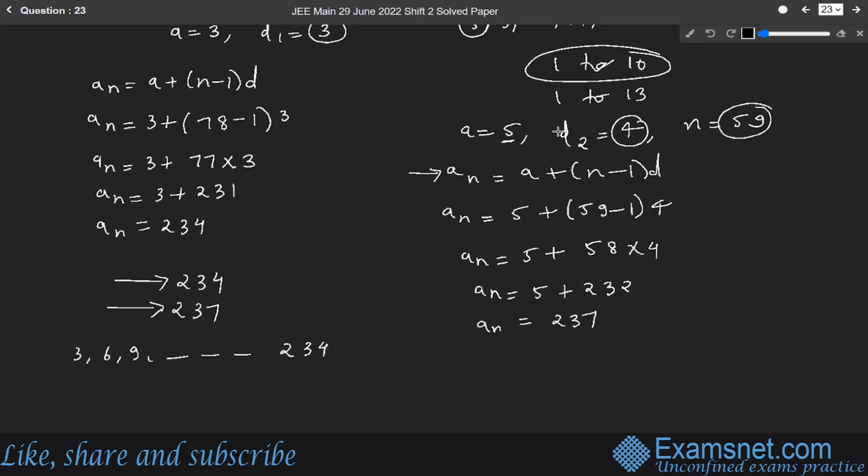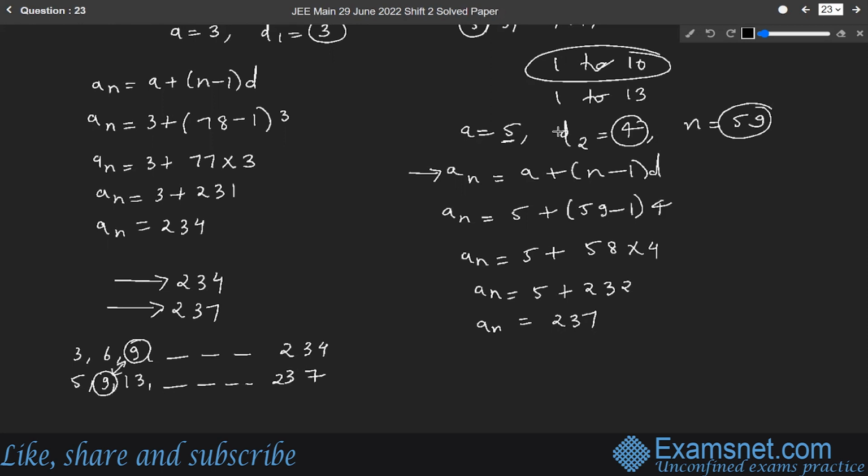And in the second series, the numbers are 5, 9, 13, and so on up to 237, right? If we want the common terms, you can see that the starting of the common terms is from 9, right? 9 is common and this is the first term which is common in both the series. It means we will start the series from 9 and we will go up to 234.